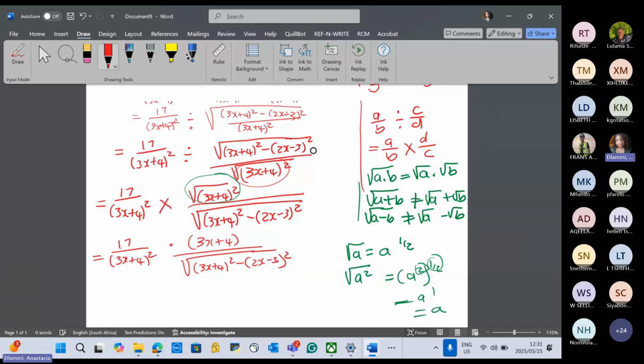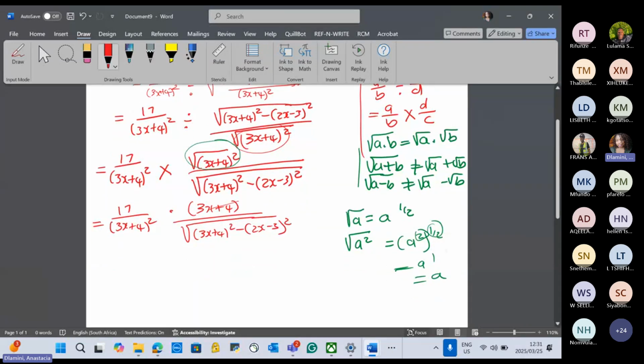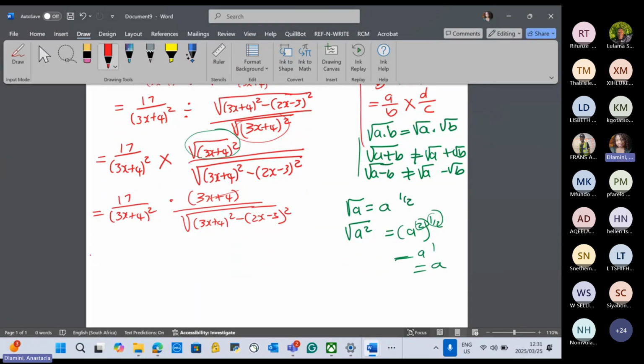Now, if we make A and B and C and so on, do we agree that this has, okay, look at this, guys. Let me write it like this. Do we agree this is the same as? Isn't it that here we are multiplying? So this will multiply by this one. Are we all together? 17 times 3x plus 4. We are together, yes or no? Yes. Thank you.